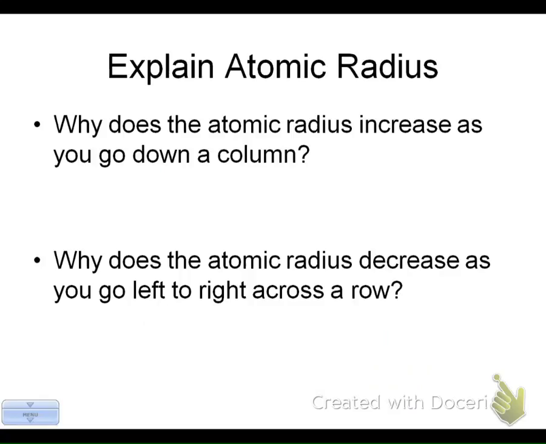As you go down, you're increasing the number of shells, of energy levels. And there are more electrons on each energy level, and they're all repelling each other, so that causes the atom to swell out. More layers to an onion means a bigger onion. So very simply put, the reason you get bigger as you go down is that there are more energy levels.